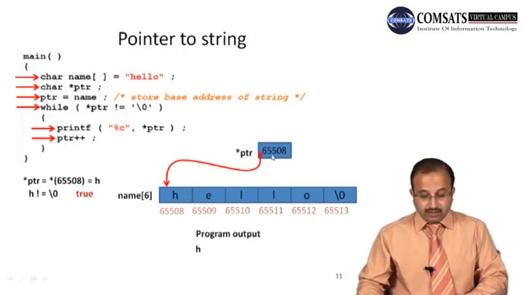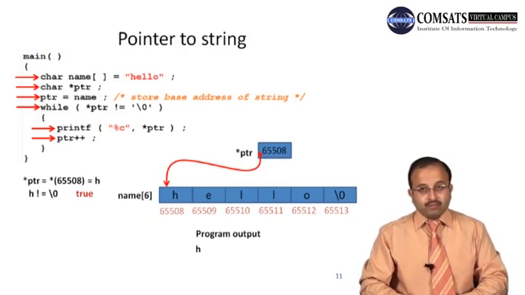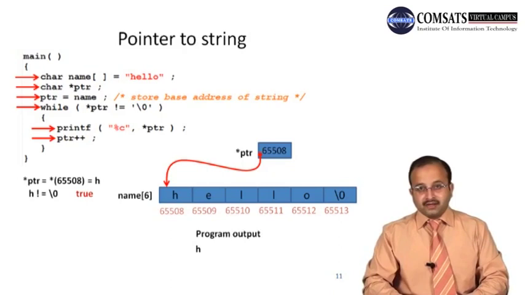So this value will be incremented, and now you have to see the type of the pointer. The type of the pointer is character, so the next byte or the next value will be 1 byte away from the current value, because a character pointer points to a character.